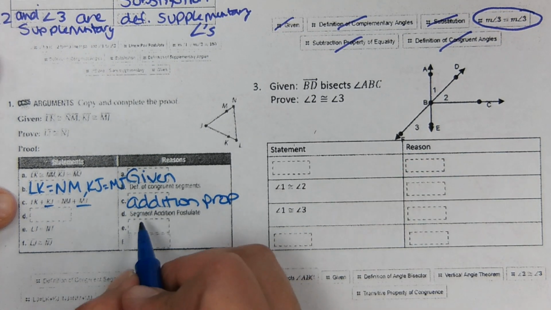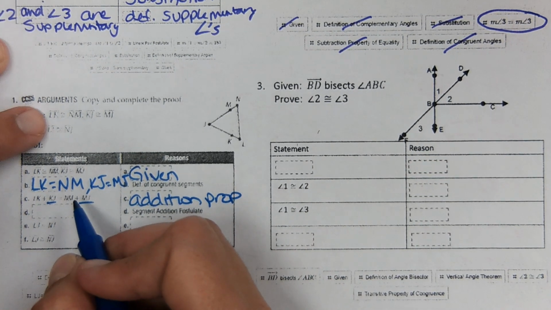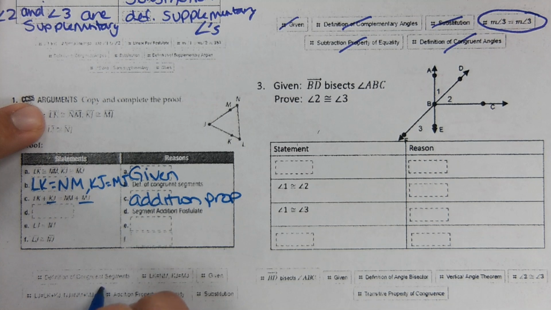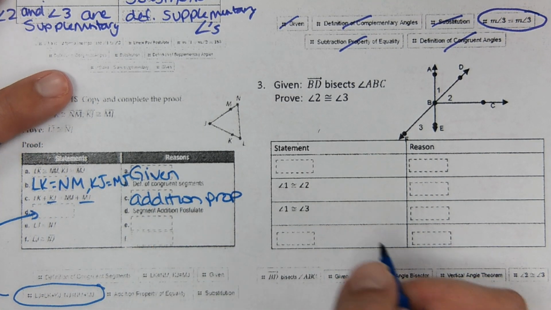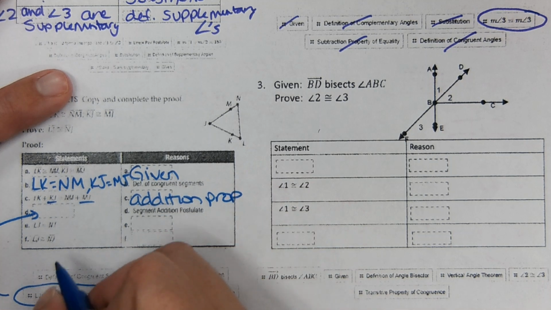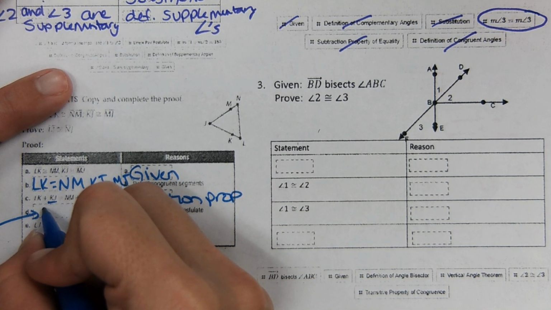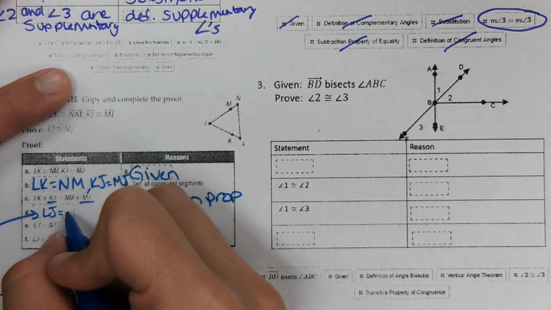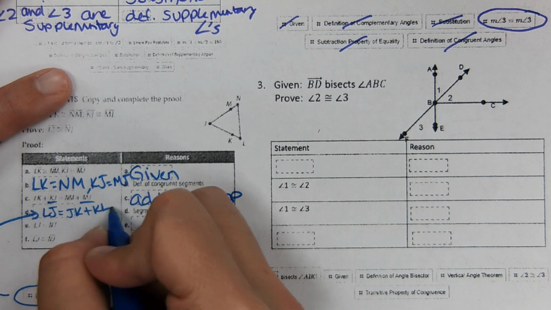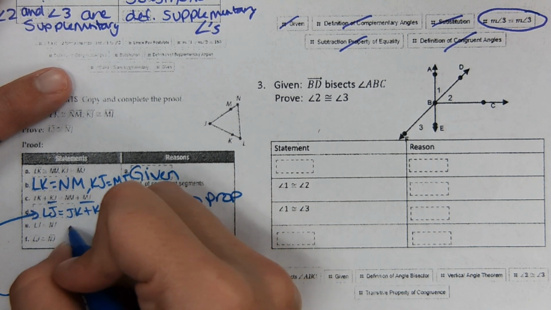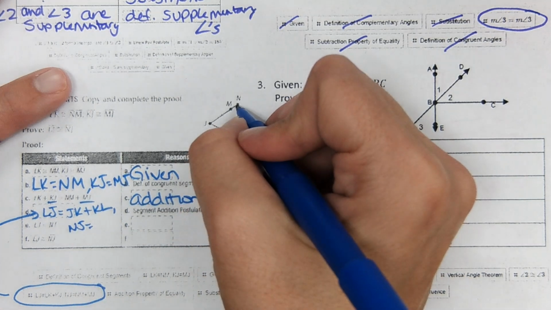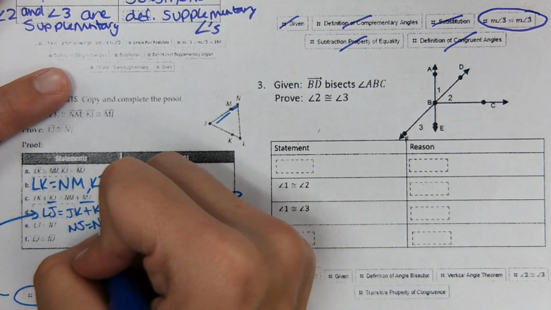Then it says segment addition postulate, so that would be this here, where I could write it all out, but essentially LJ equals JK plus KL, and so NJ equals NM plus MJ.